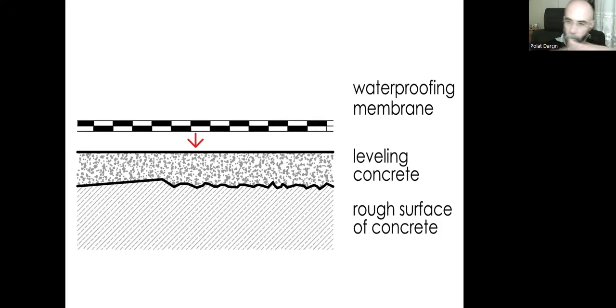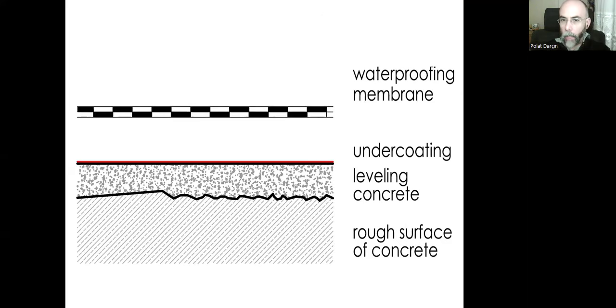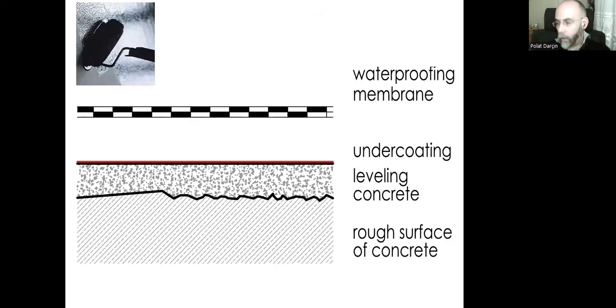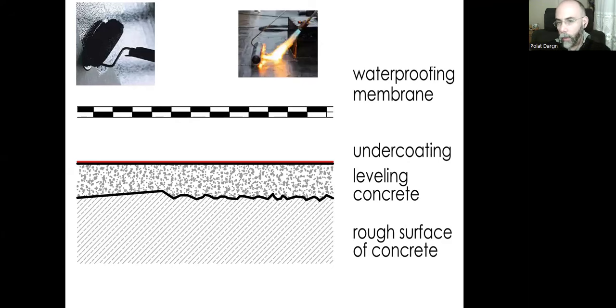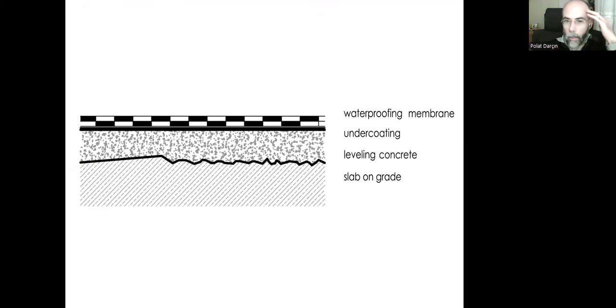That's why first we place leveling concrete for 2 or 3 centimeters. Over that, we apply undercoating or primer base. It's a liquid bitumen, so that once we apply the blowtorch, the liquid bitumen over the surface will melt down. The bitumen of the waterproofing membrane will melt down so that they will adhere to each other, because the polyethylene film will directly melt down.